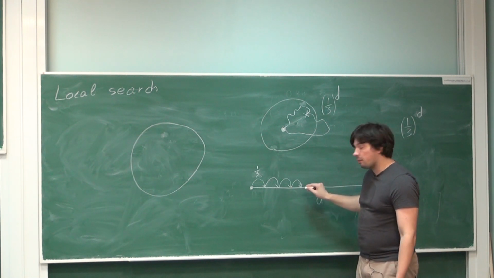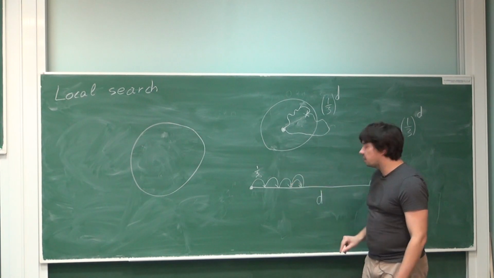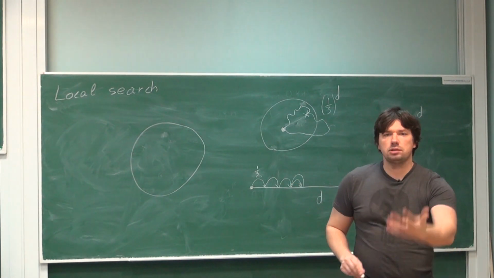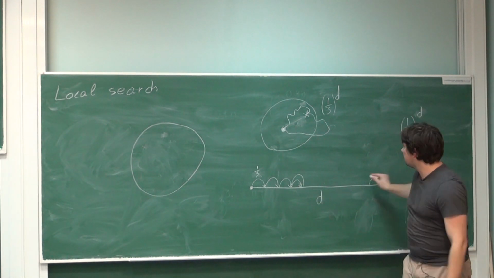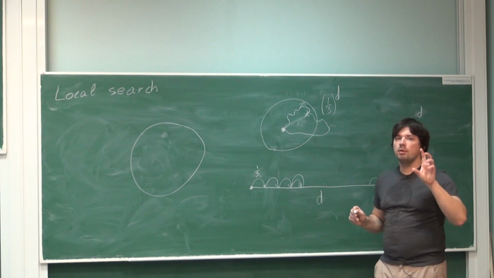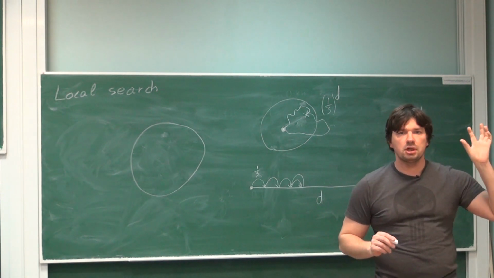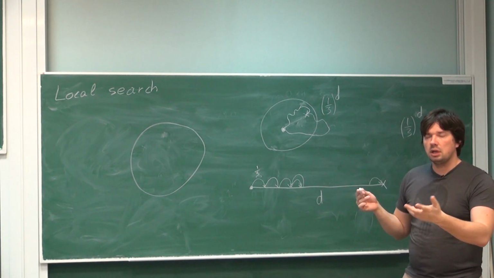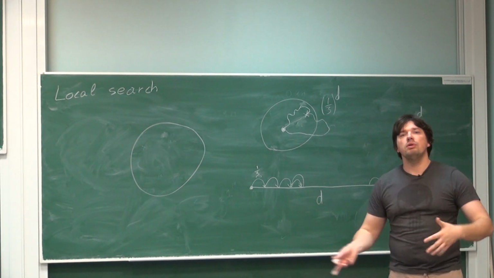Then it could happen that I went back. I don't mean that I went strictly to the previous assignment, but in terms of the distance, right? So if I flip the wrong variable, if I flip a variable that was already set to the correct value, now my distance actually increased by 1.